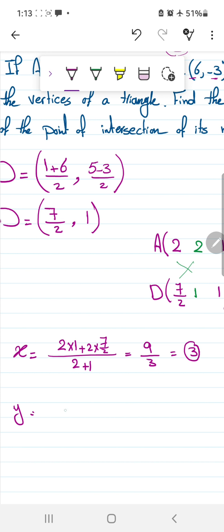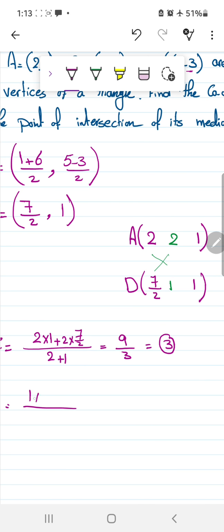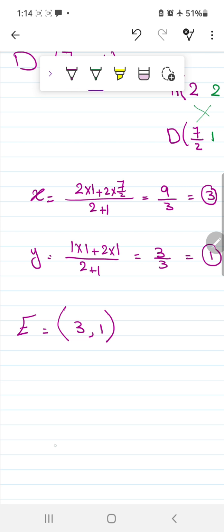To get Y, cross multiplication, 1 times 1 plus 2 times 1 over 2 plus 1. So the result will be 3 over 3 equals 1. So the coordinates of E, which is the point of intersection of the medians, dividing AD internally in the ratio 2 to 1, equals what? (3, 1). Okay, thank you.